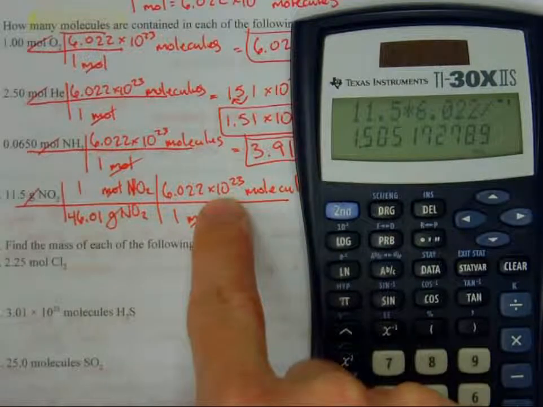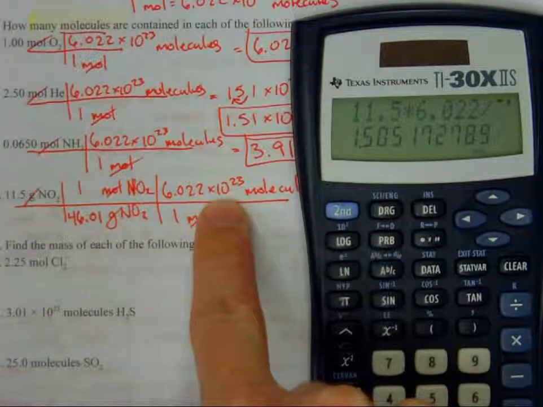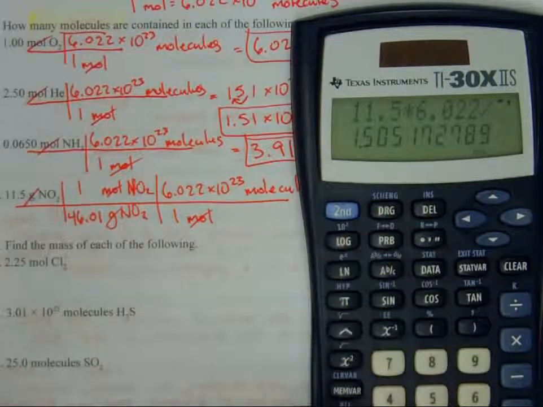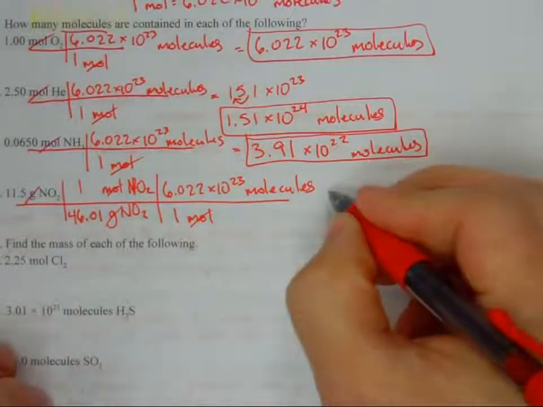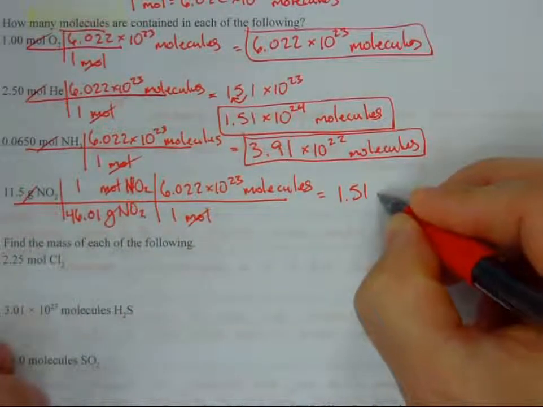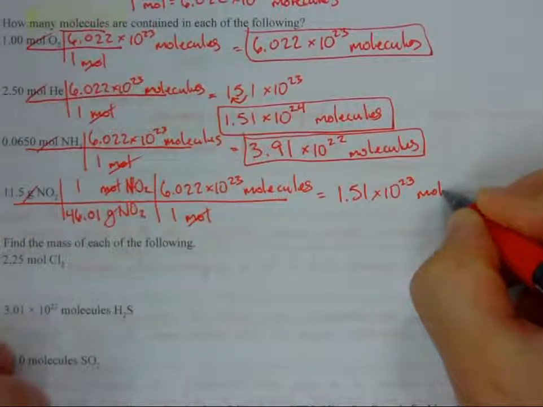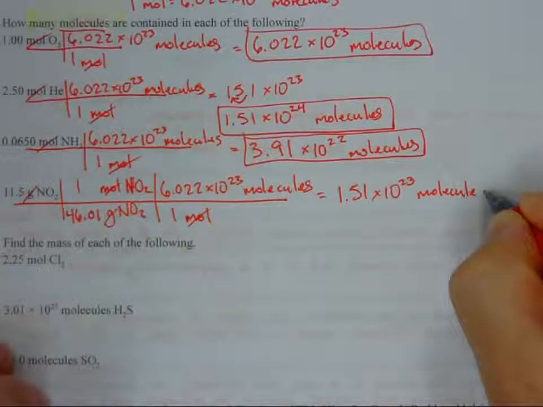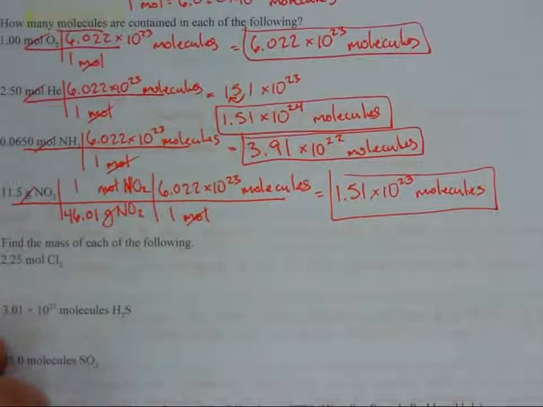I haven't done anything with that times 10 to the 23rd, and it looks like I don't need to do anything with that times 10 to the 23rd because that is going to allow it to be in proper scientific notation as is. I don't have to move the decimal at all. So my final answer is 1.51 times 10 to the 23rd molecules.